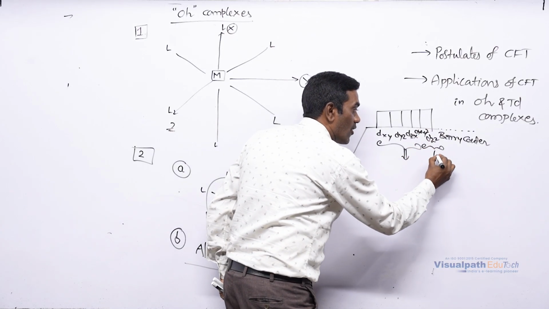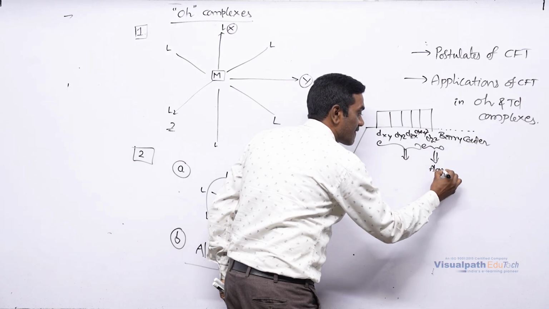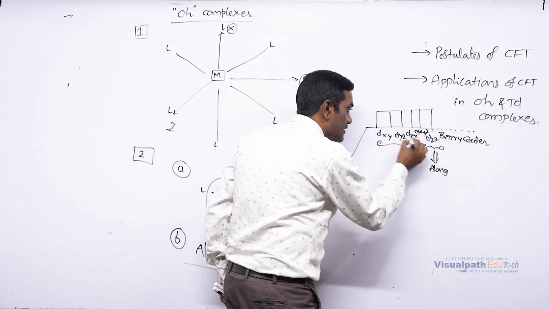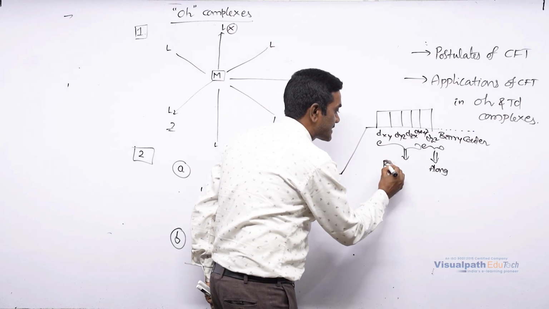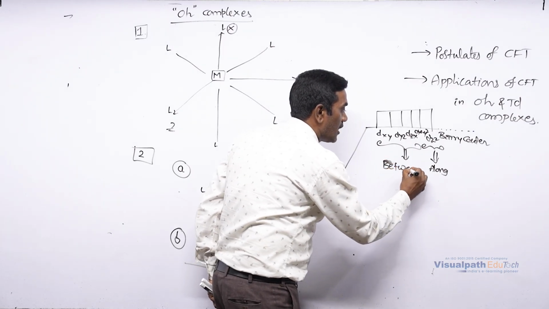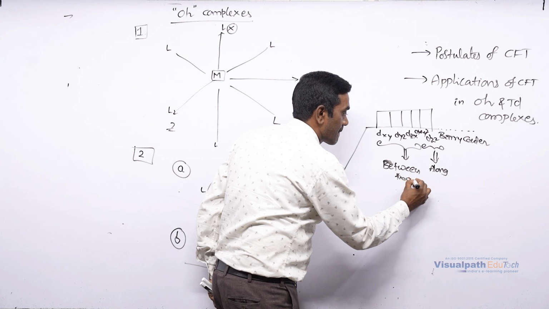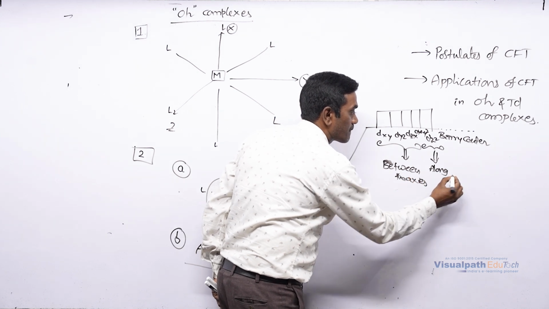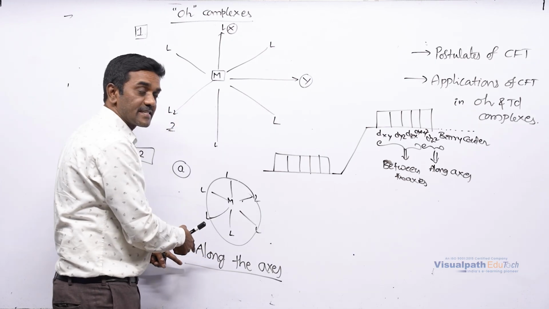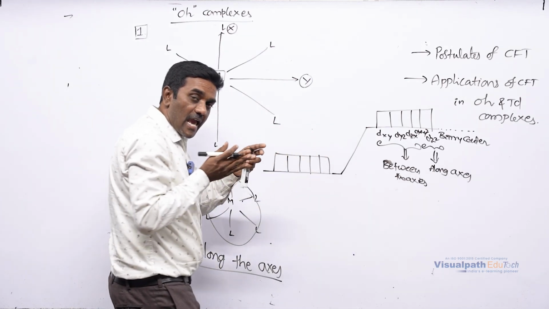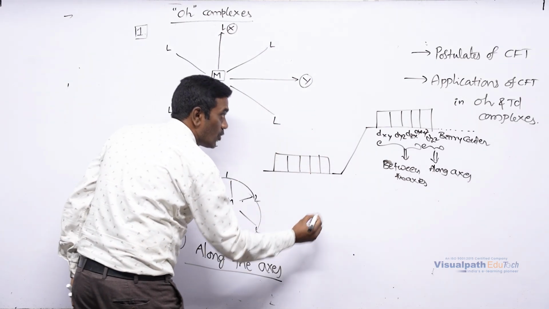These two are along the axis, and those three are between the axis. Now, the ligands are approaching the metal ion along the axis, so what happens?